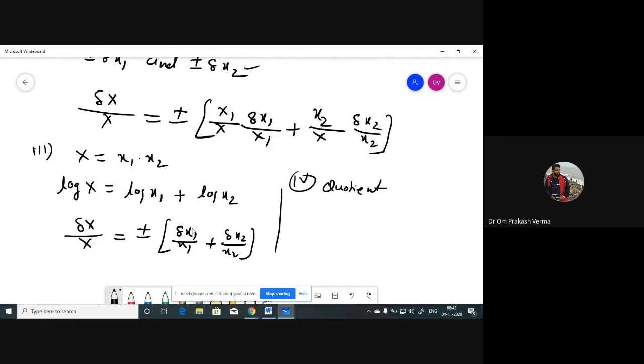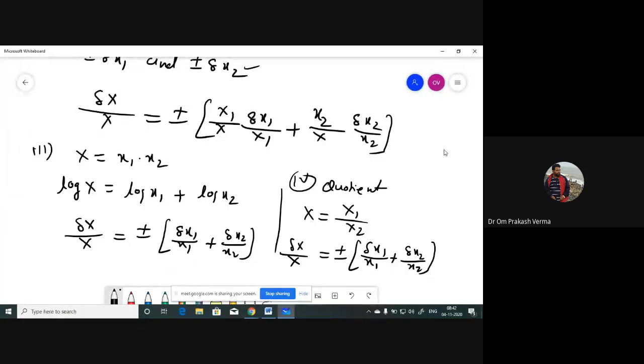For the quotient, let's say x is equal to x1 by x2. You can find again delta x by x is equal to plus minus delta x1 upon x1 plus delta x2 by x2. You can find it like this, right?